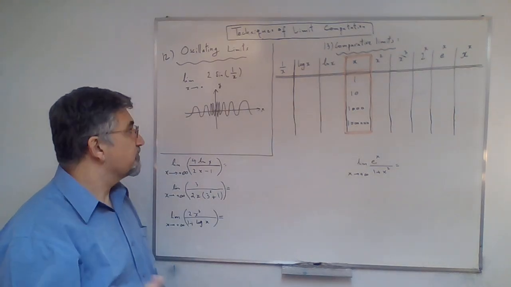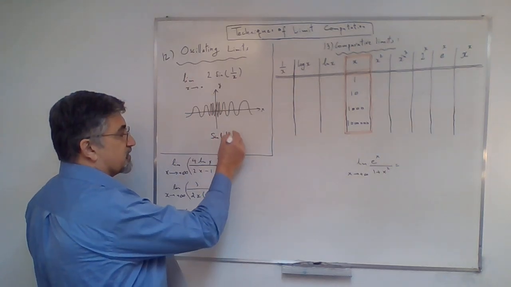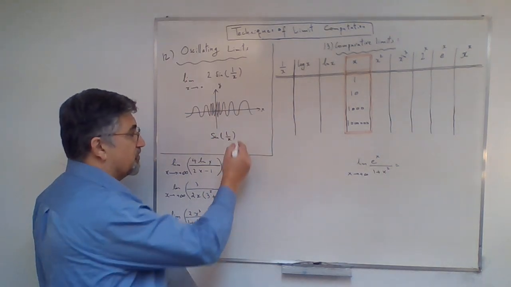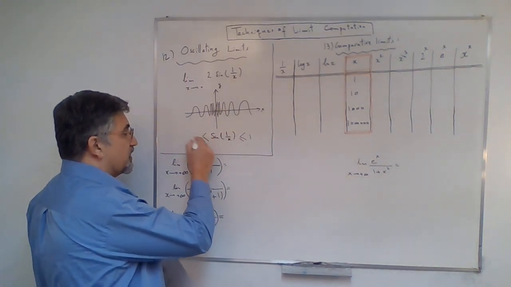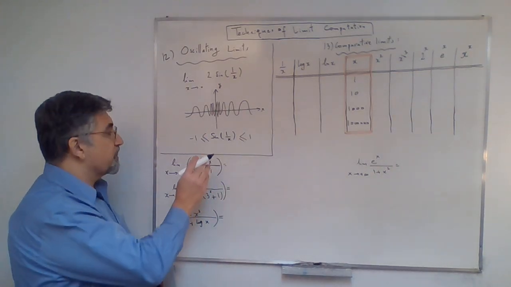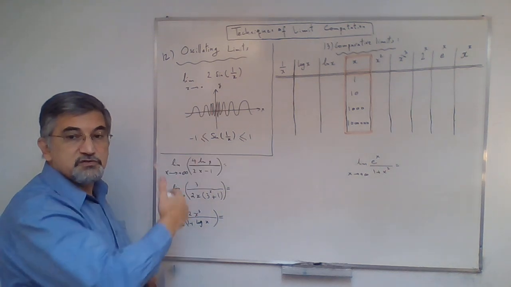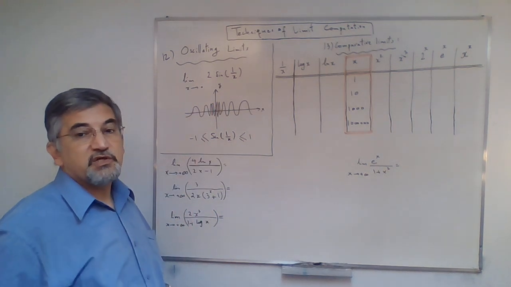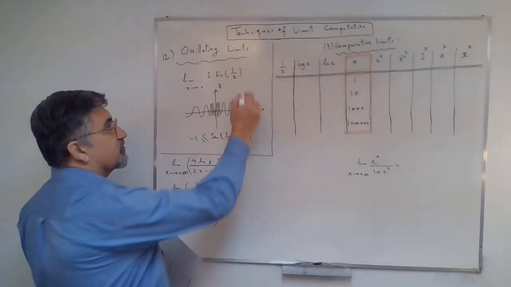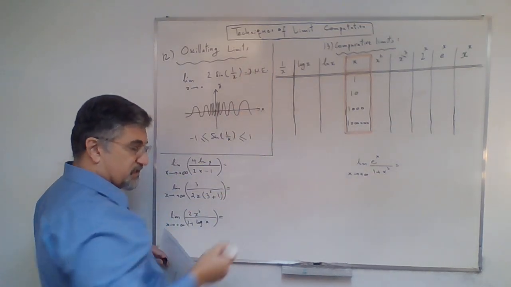That is a fact. So I can even write down here that sine of 1 over x, or sine of any angle, is always between 1 and negative 1. But when x approaches 0, sine of 1 over x keeps oscillating between these two values, and we don't know what the exact value is. Therefore, we're going to say that this limit does not exist.